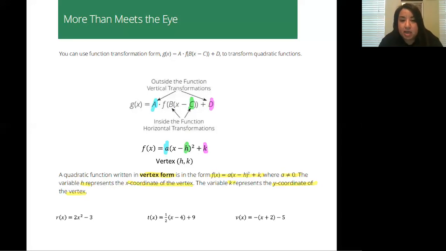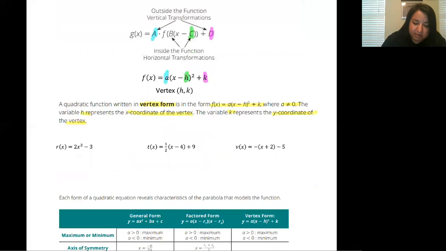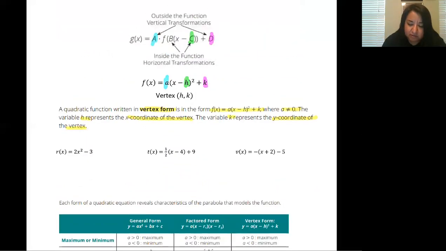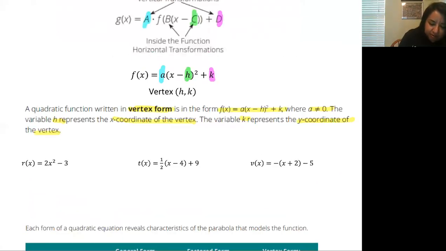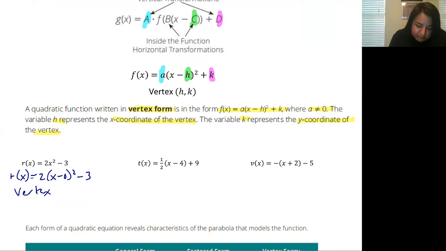Okay, so now with all that information, let's see what we can figure out from the structure of these given quadratic functions that are in vertex form. So I'm going to rewrite this one to look more like vertex form. And I can tell from this structure, the vertex is at (h, k).